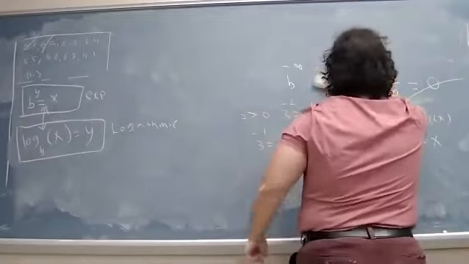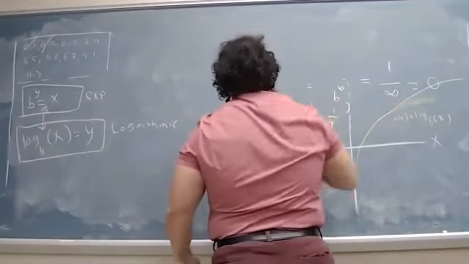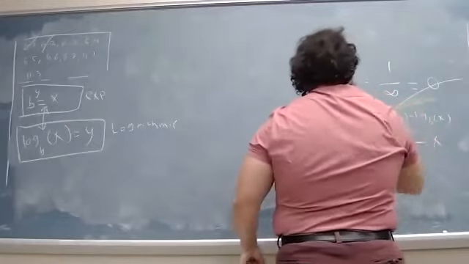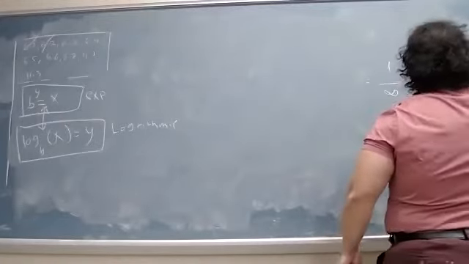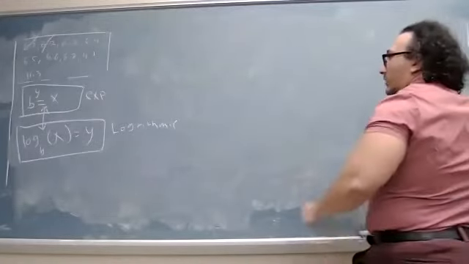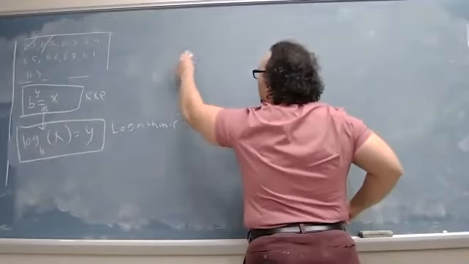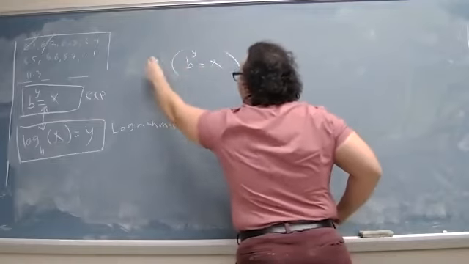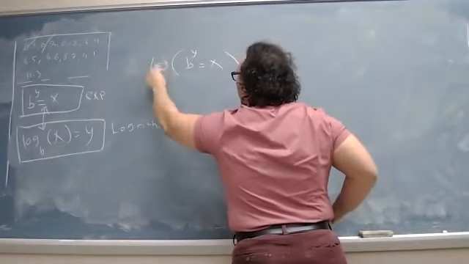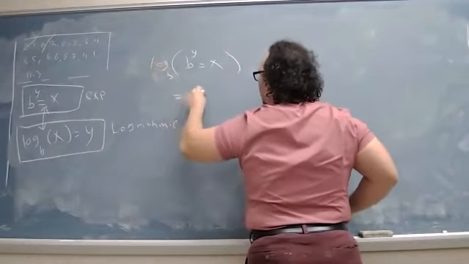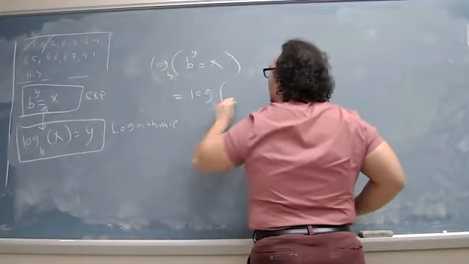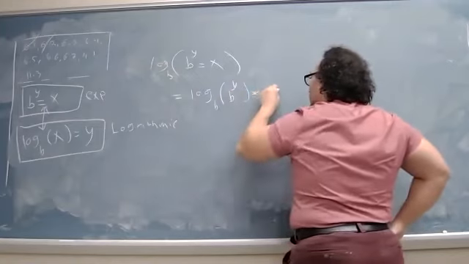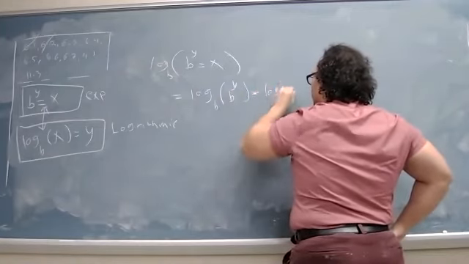All you need to know is the power rule. If you start off with the exponential, b raised to the y is equal to x, take the log base b of both sides. Then you get log base b of b to the y is equal to log base b of x.